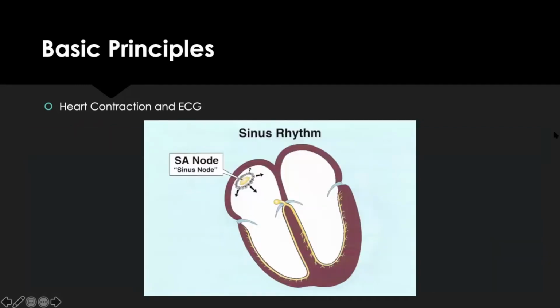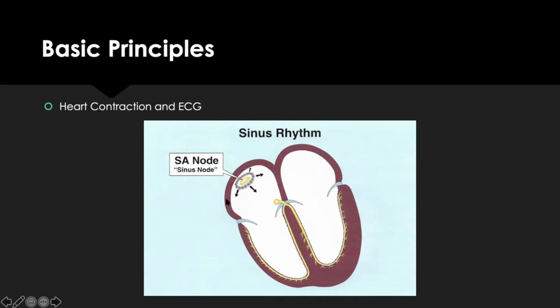The unique thing about hearts is that the heart does not need an external stimulus to produce its own contraction. The heart muscle has several clusters of cells within itself that determine the pace of the heart. One of them, the main one, is the SA node.